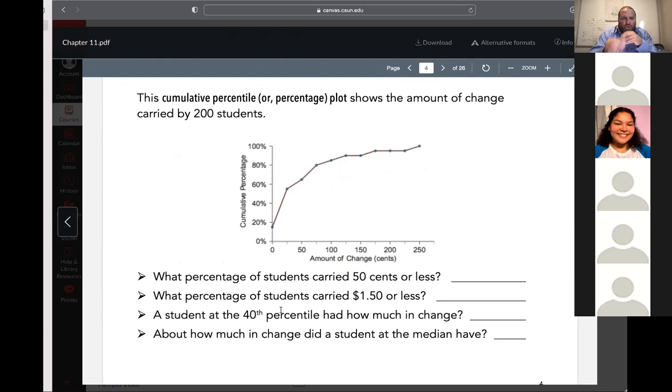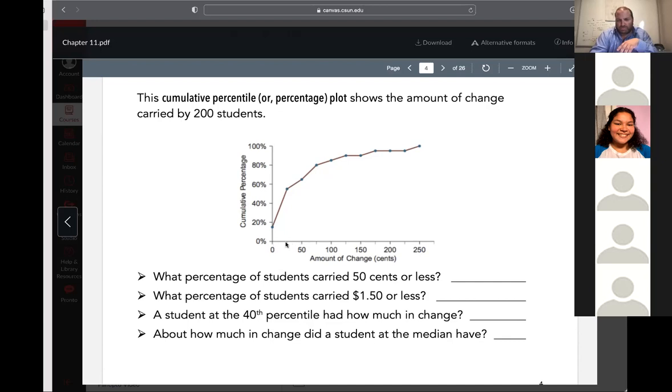Okay. So now the cumulative percentile or percentage plot shows the amount of change carried by 200 students. So there's 200 students here. On the horizontal scale is how much change they carry. Some carry nothing.